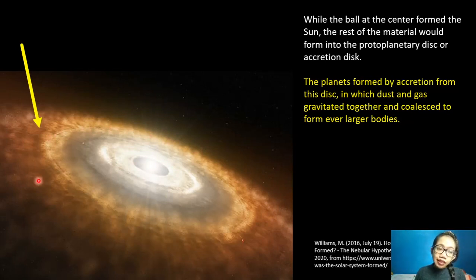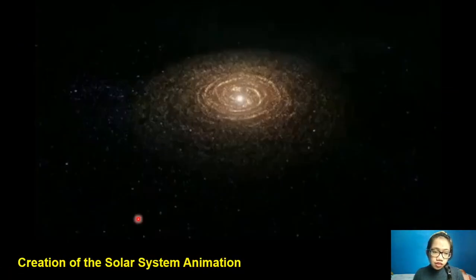Since the whole thing is spinning and the particles are bumping into each other, they will later gravitate towards one another and form larger bodies. From small meteors and rocks spinning around in space, they would compress and gravitate towards one another and form your planets.